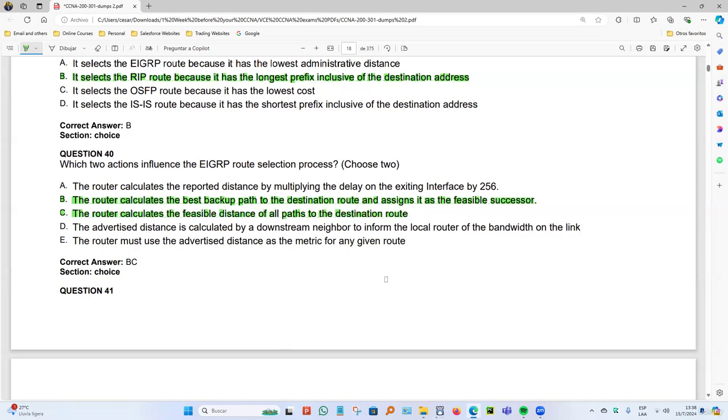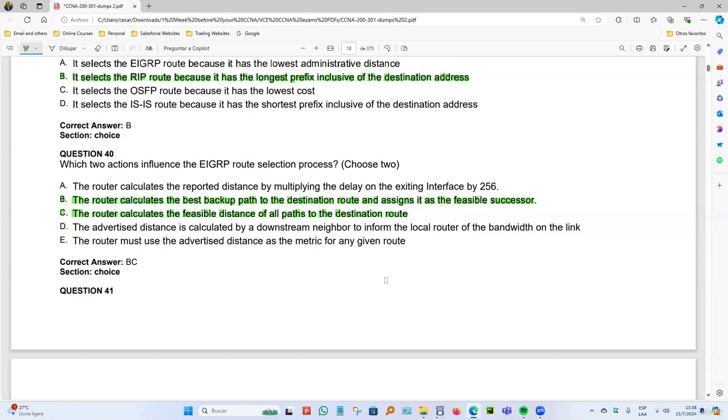The router calculates the best backup path to the destination route and assigns it as the feasible successor. And the other one is that the router calculates the feasible distance of all paths to the destination route. That's the way that EIGRP works.